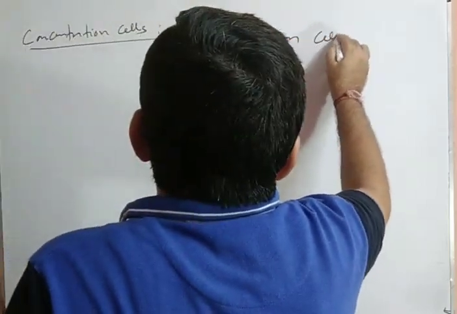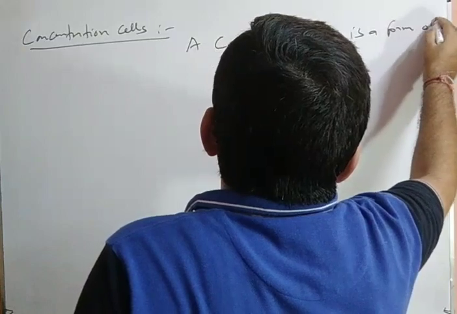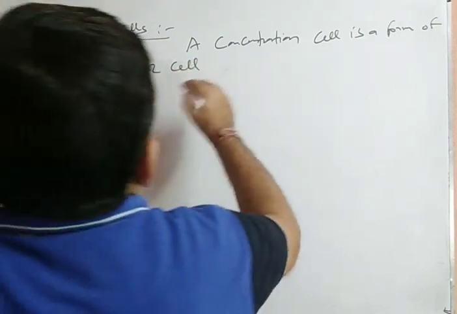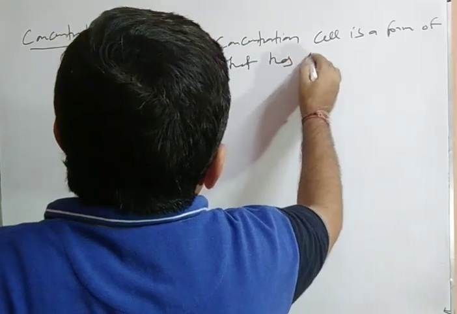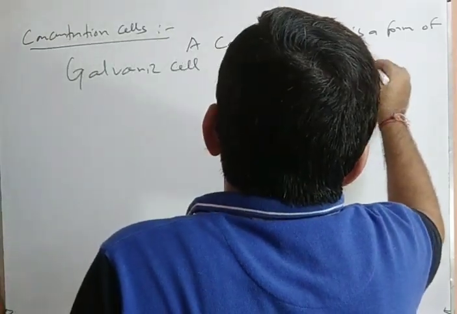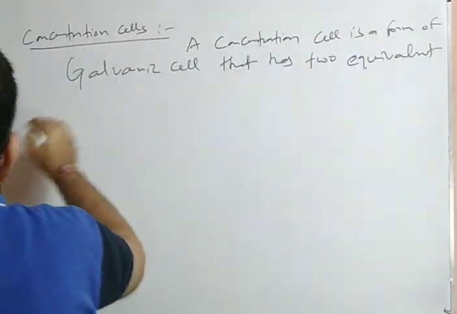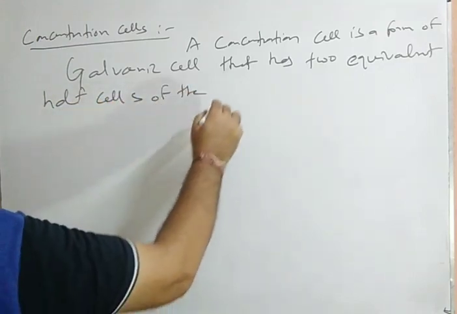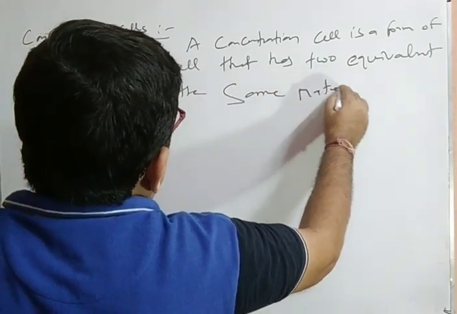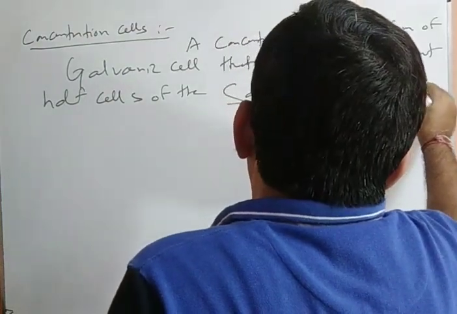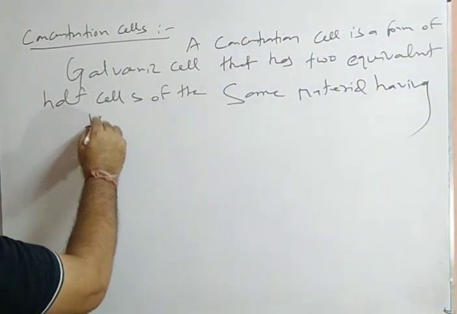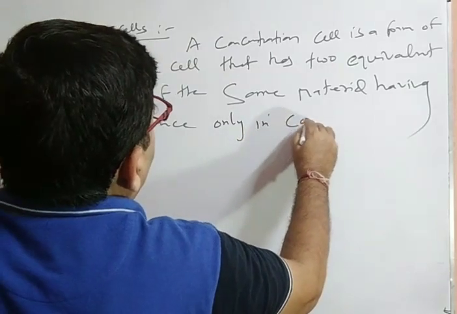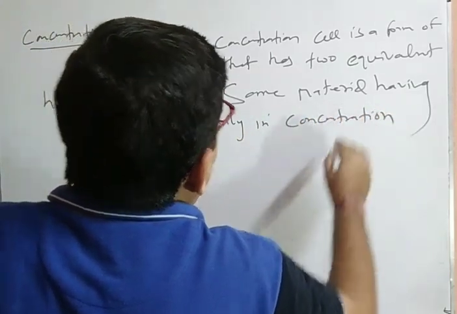A concentration cell is a form of galvanic cell that has two equivalent half cells of the same material, having a difference only in concentration.